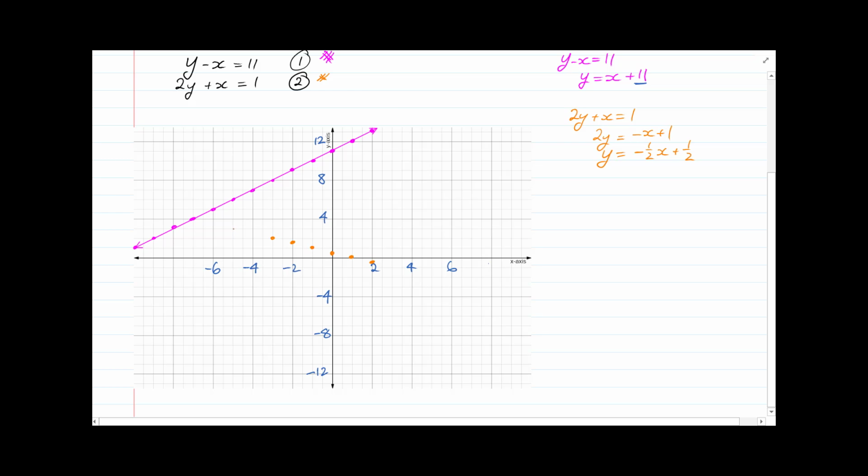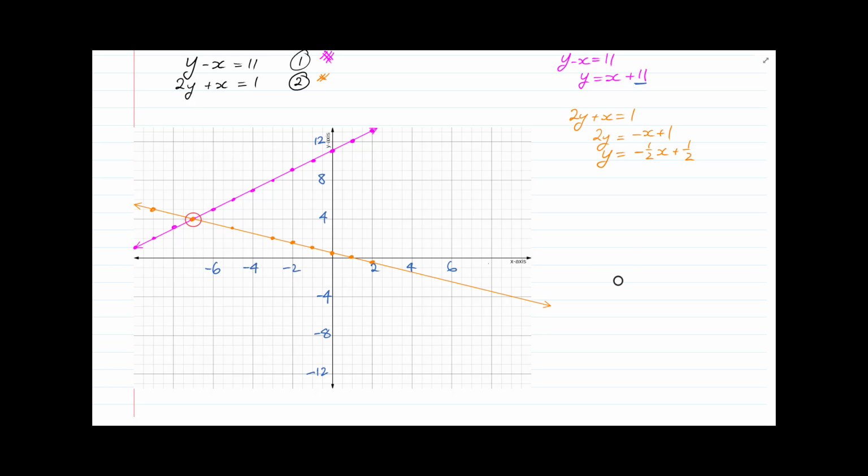I don't have to mark all the points, but you'll get the idea. Now I'm going to connect those points, and my graphical solution, which again I'll denote with a red circle, is just here.